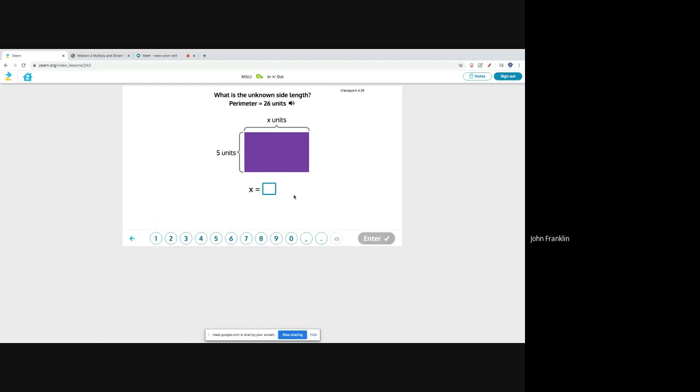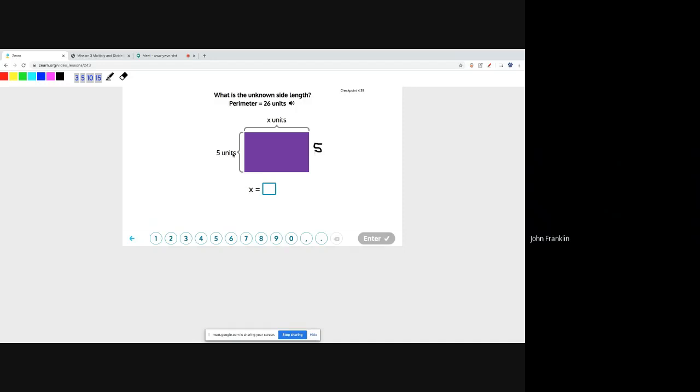Okay, so for me, what I would do first is I know what sides are equal. Okay, so let's get our web writer out. I would know that if this side was 5 units, then that would mean this side was 5 units.